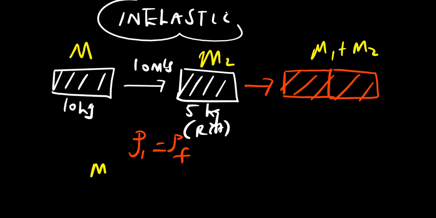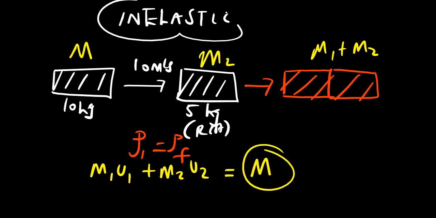Okay, so now that we've got this, what are we going to have? We're going to have M1 multiplied by the initial velocity for the first one plus M2 multiplied by U2 is equal to M. Now I'm going to just put M because the mass for these ones is the same, and they are going to move with the same velocity because they are stuck together.